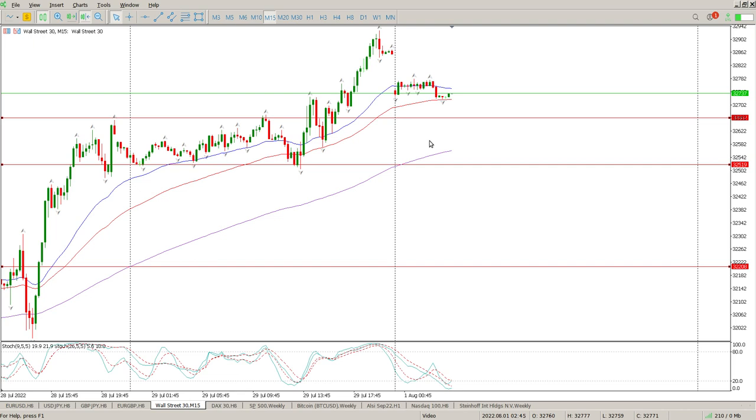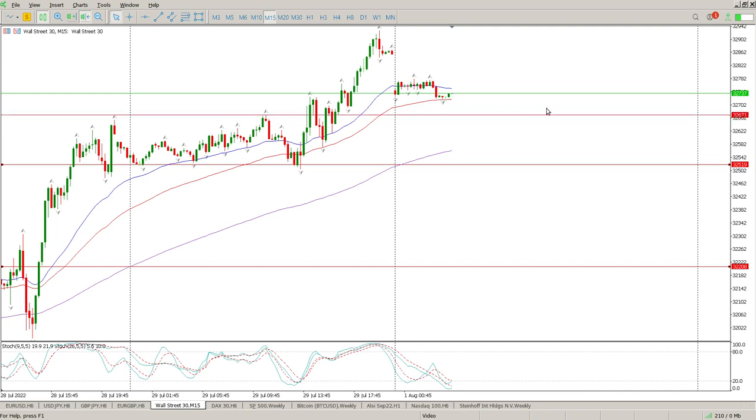Right, first things first, let's make sure there's no little gaps here, nothing that I can see that stands out. There is my first bit of structure at 32,671. Look at the oscillators already grouping to the downside. We're still in an uptrend on the 15-minute as well.